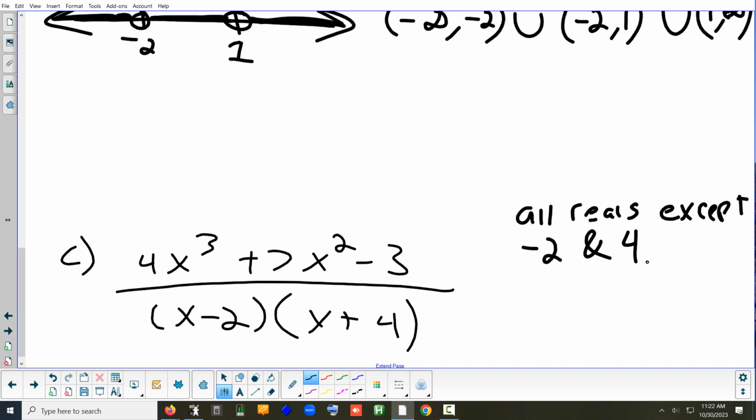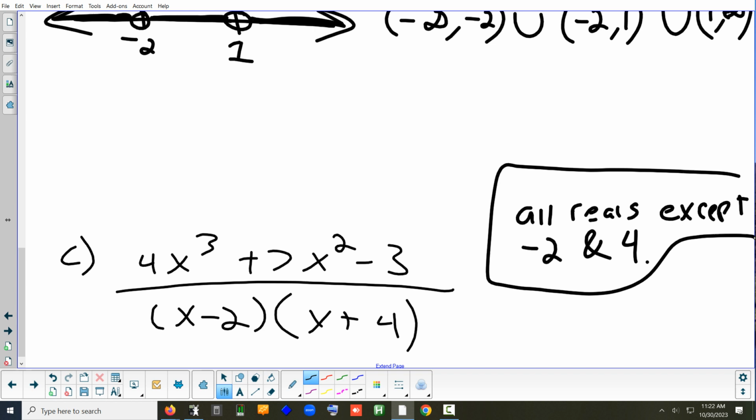Actually, it's all reals except +2 and -4, because when you plug in 2 here, you get 0. And when you plug in -4 there, you get 0. Okay, any question on that?